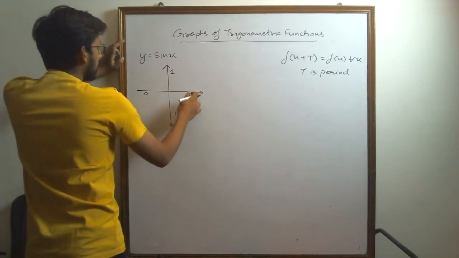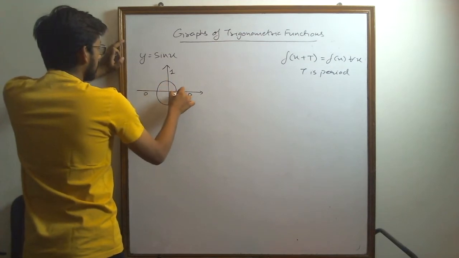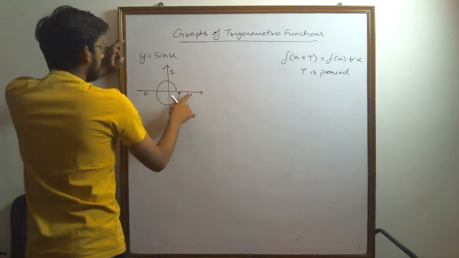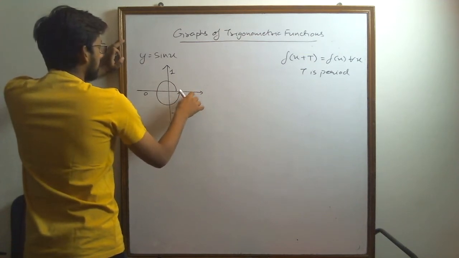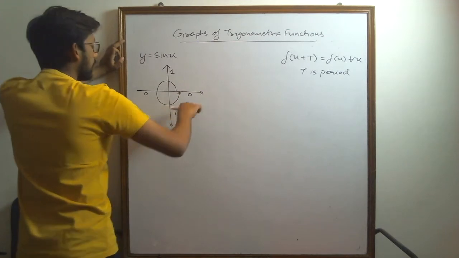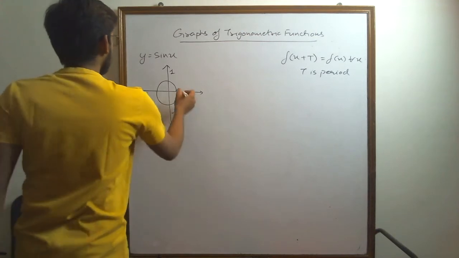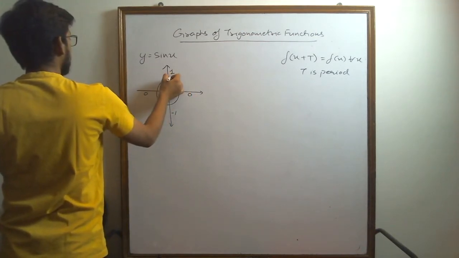After that, if I again move pi by 2 radians and come back to the original angle, it will be 360 degrees or 2 pi radians, and I will be back at this position. Again the value of sin 2 pi will be 0. After that, if I keep moving like this, the values will keep repeating.